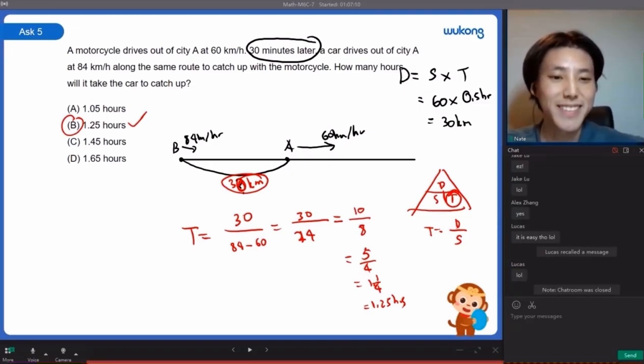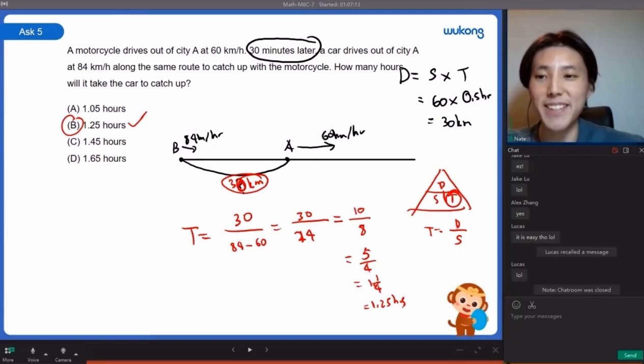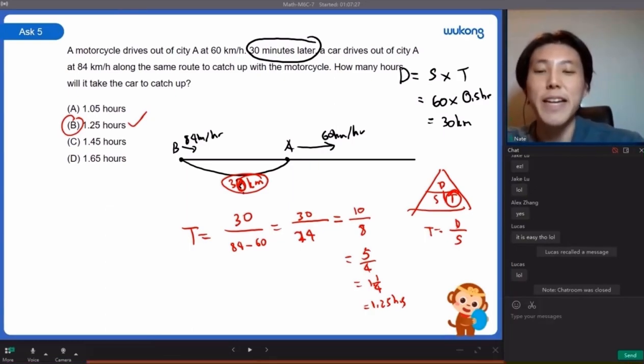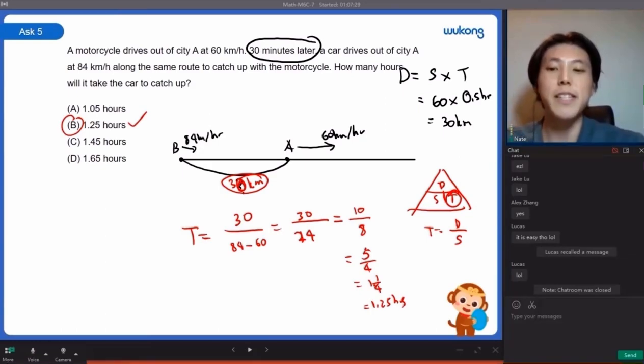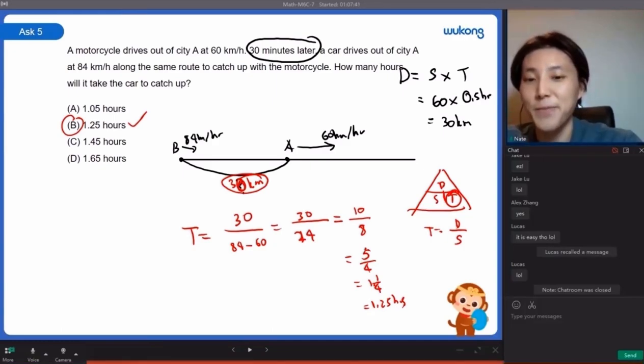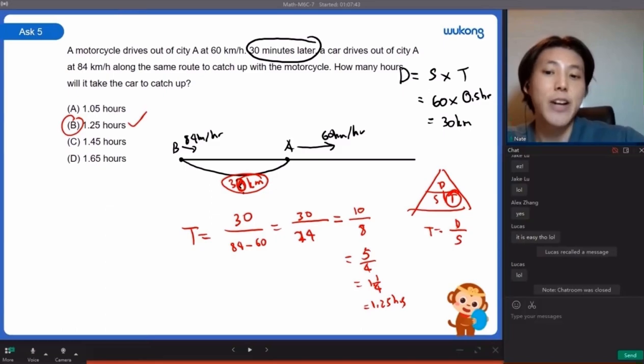Okay? Yep, Mia, you okay? I don't get how did you get 30 km? Oh, because that's the distance traveled by A. Because in this question, we're not given the distance apart from each other. So in order to know that, the only information we know is that A had a head start. He started 30 minutes before B. So A has traveled for 30 minutes at 60 kilometers per hour.